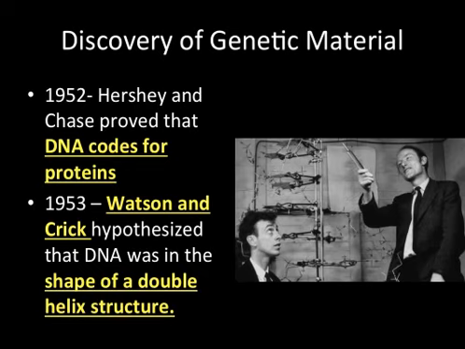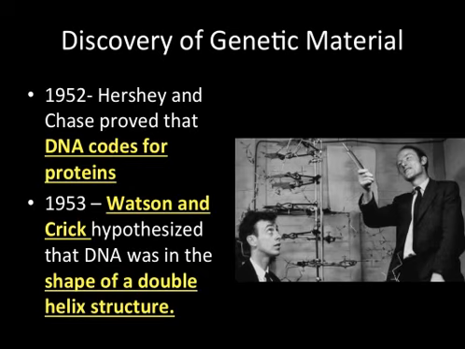Now this is very important to know the structure because it helps us understand how our cells make proteins, how DNA makes copies of itself, and how this in essence codes for our entire bodies. So the structure is very important because it helps us determine what the function of that particular molecule is.